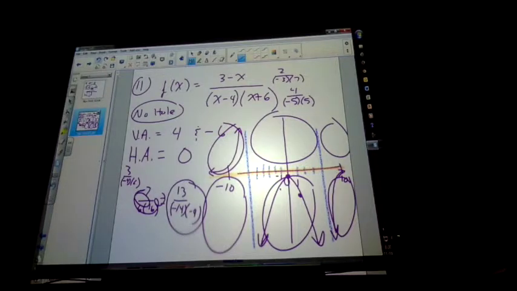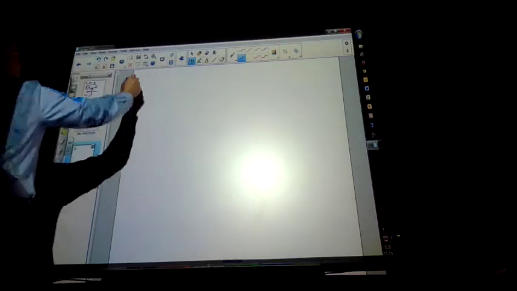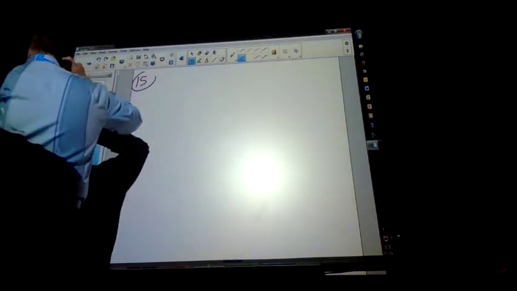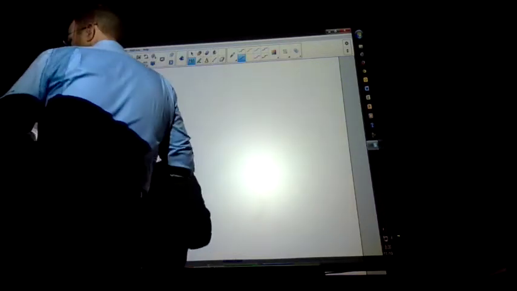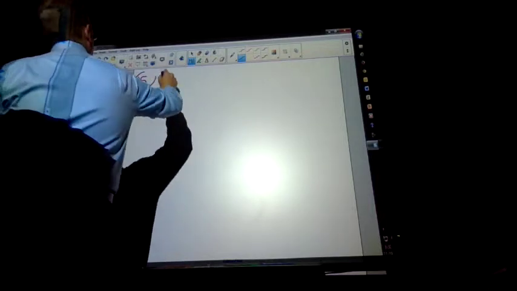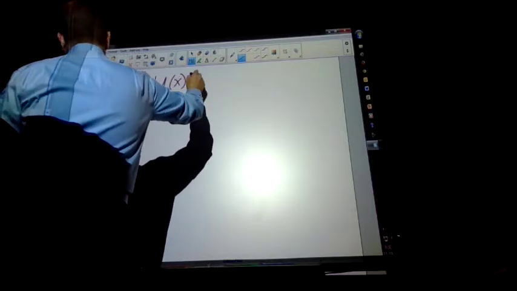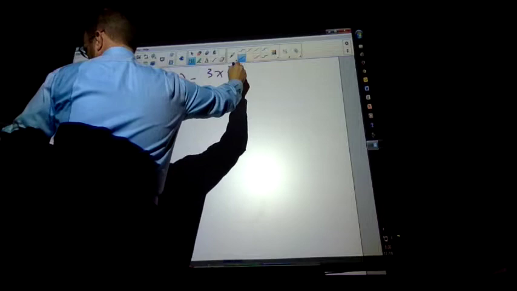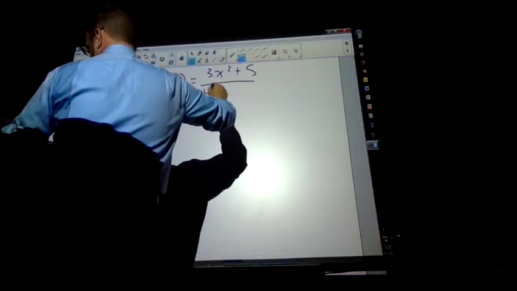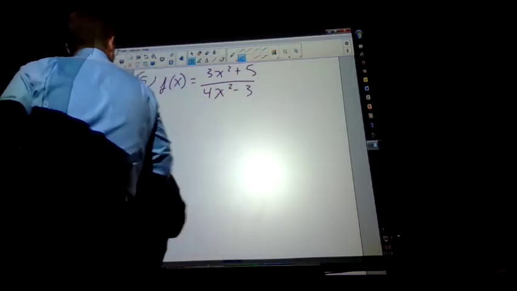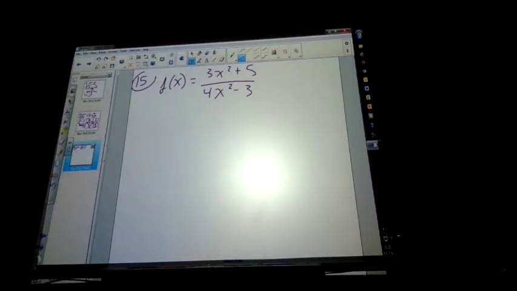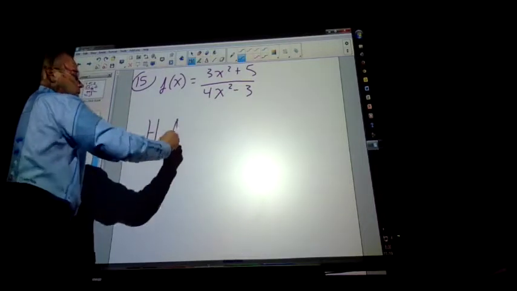What was the next problem we had? 15? Okay. 15, determine the horizontal asymptote of the graph. Okay, degree on top is equal to degree on bottom. What's my horizontal asymptote? 3 over 4.